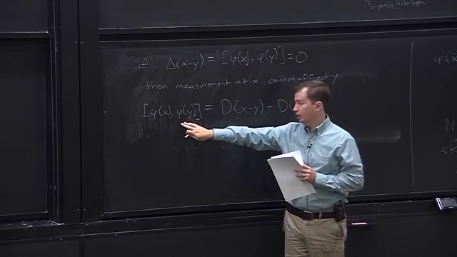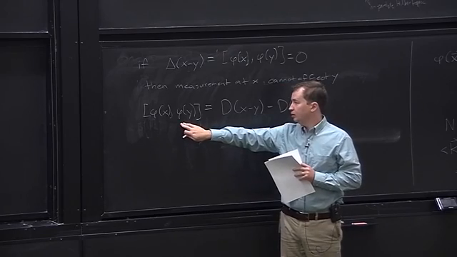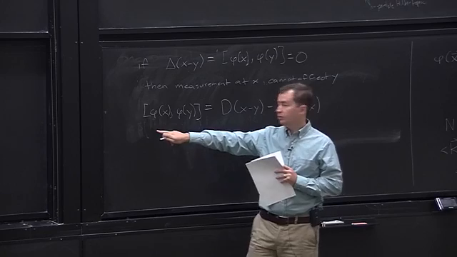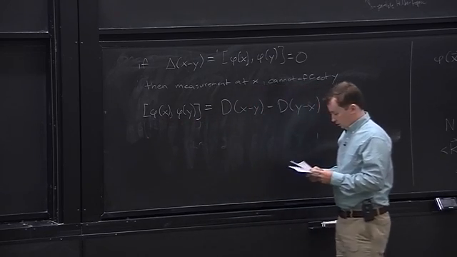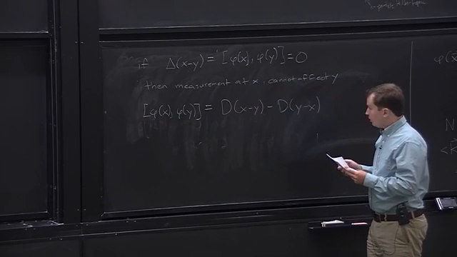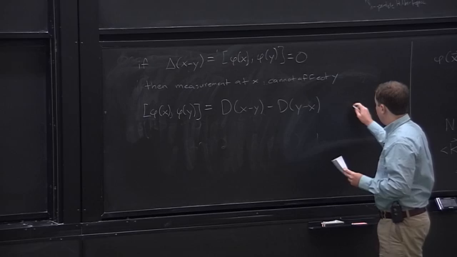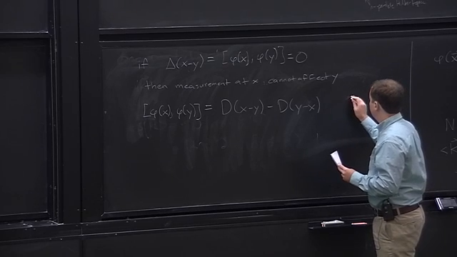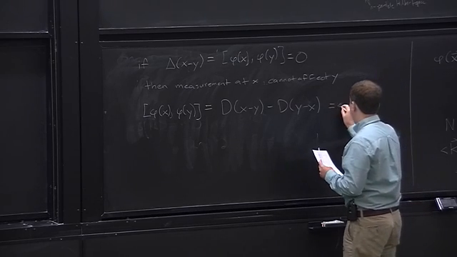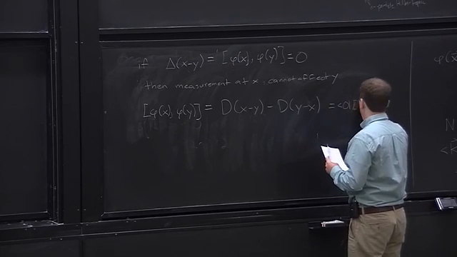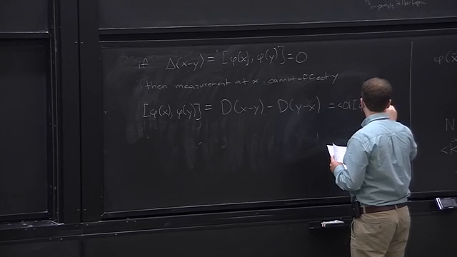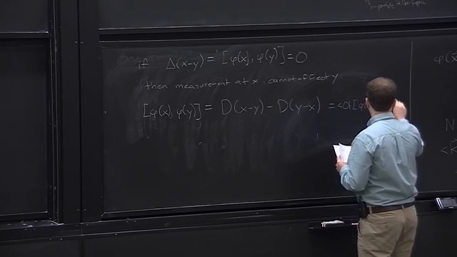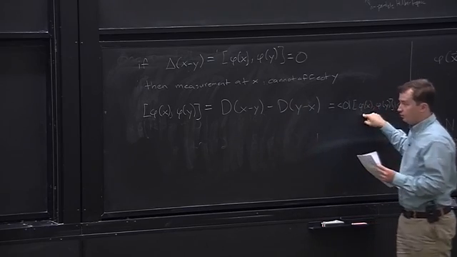Note I have not put any vacuum states on, not sandwiched this between the vacuum states. It turns out that this is also equal to the vacuum expectation value of this commutator.